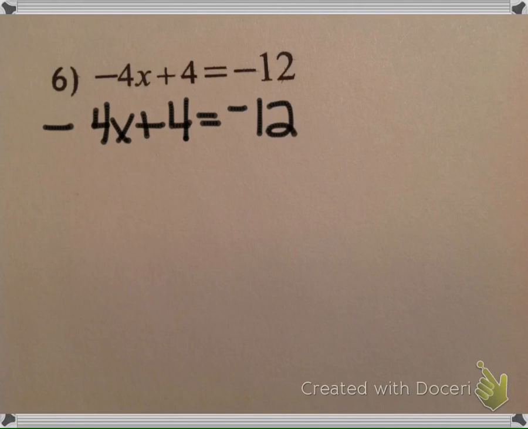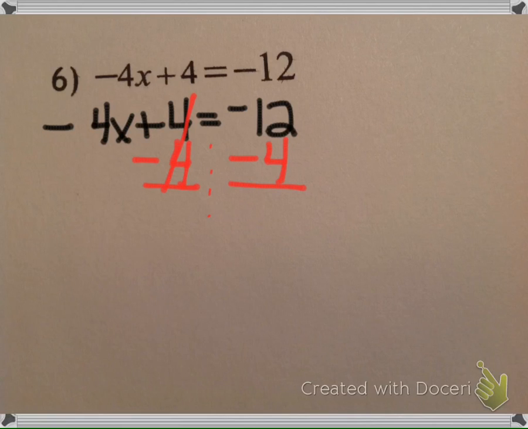Our goal is to get x all by itself. In order to get x all by itself, I need to get rid of the -4 here and the plus 4 here. So first I'm going to get rid of my plus 4. The inverse of addition is subtraction. So I'm going to subtract 4. Whatever I do to one side of the equation, you have to do to the other.